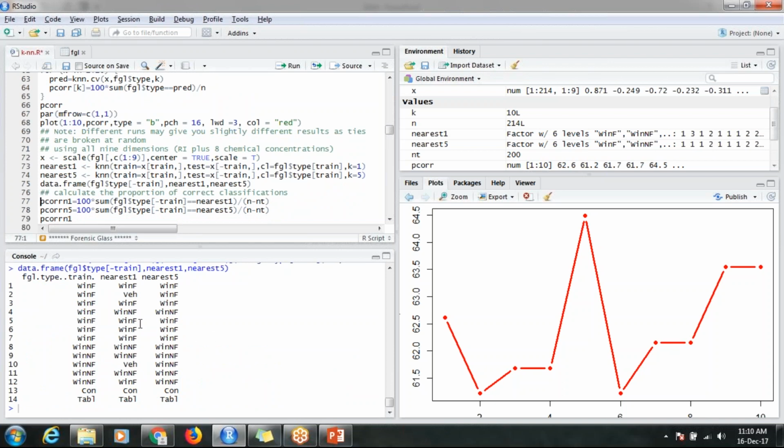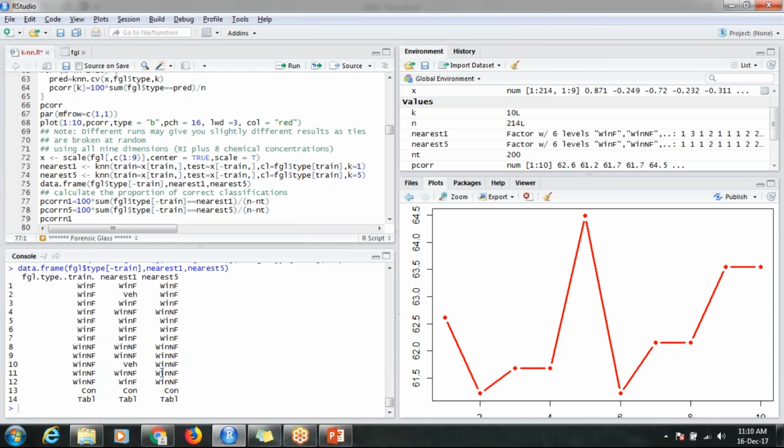Here, if I see the classification for one nearest neighbor, there is quite high misclassification, more prone to noise. If you can see, more prone to noise. And with a higher value of k, it is more or less steady.